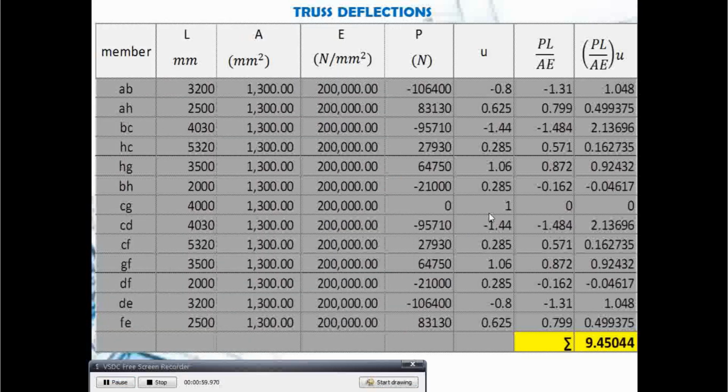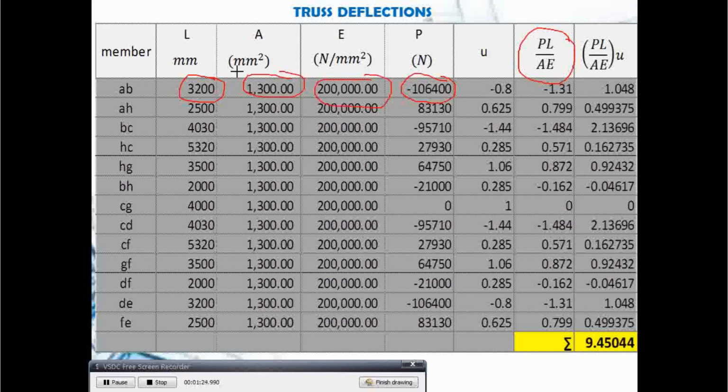ito siya ngayon. Now, the first thing you have to do is to take PL over AE. So, itong negative 106,400, multiply that by the length of AB, divide it by the product of 1,300 and 200,000.